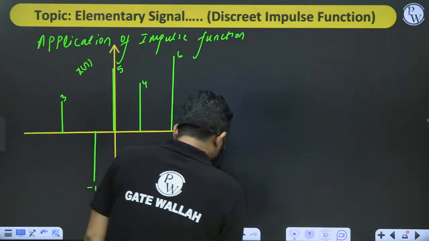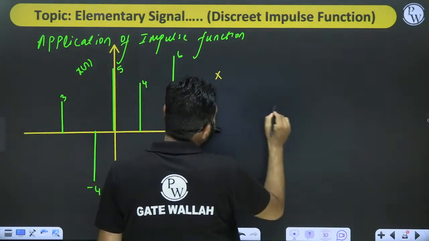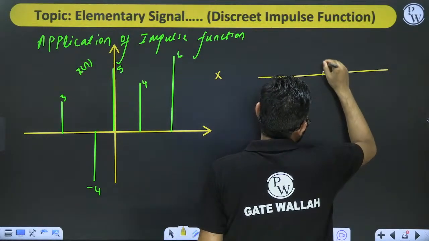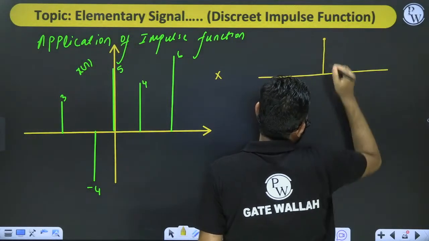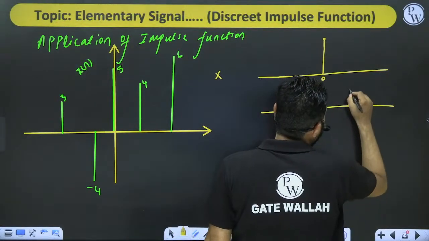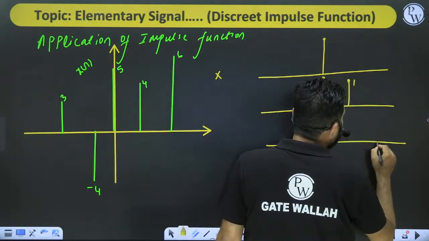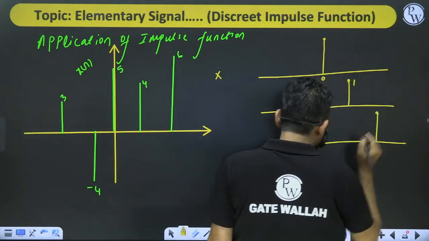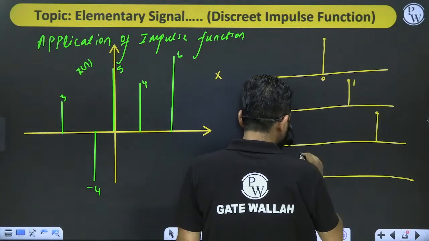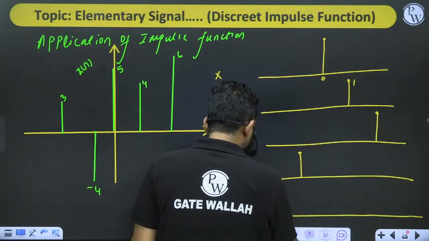And let's imagine that I am multiplying with one impulse function at 0, another impulse function at 1, another impulse function at 2, another impulse function at -1, and another impulse function at -2.